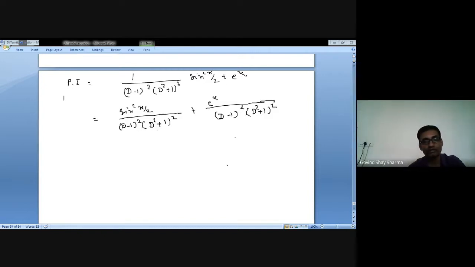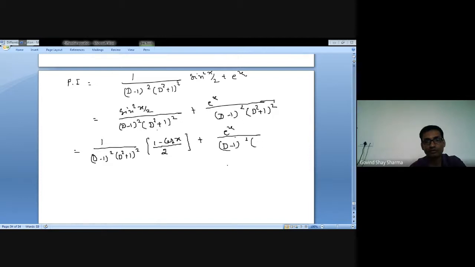We can write 1 minus cos x by 2 plus e to power x. Okay. Now we already discussed that.